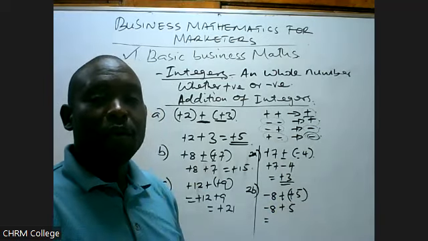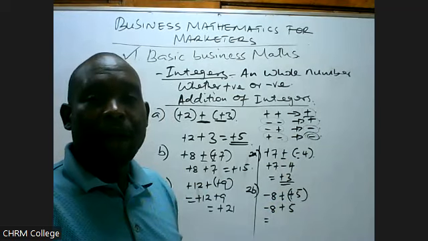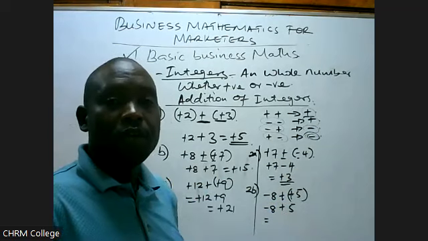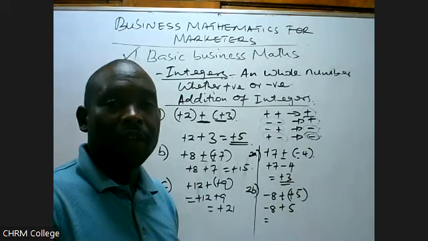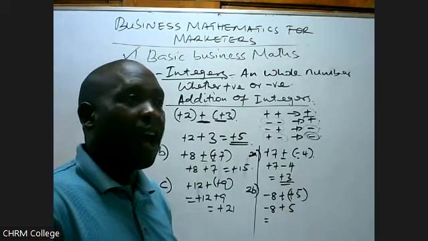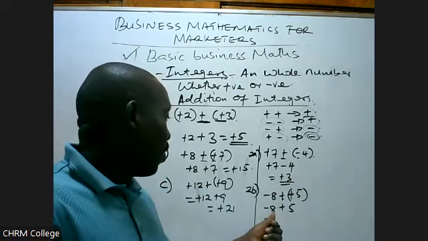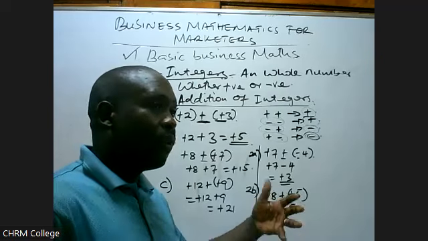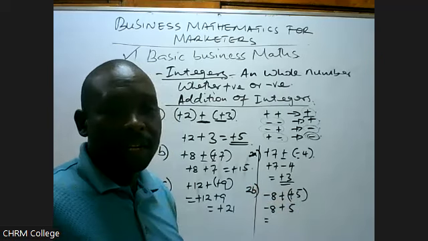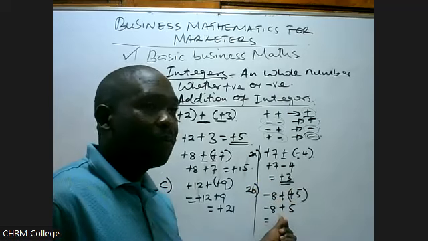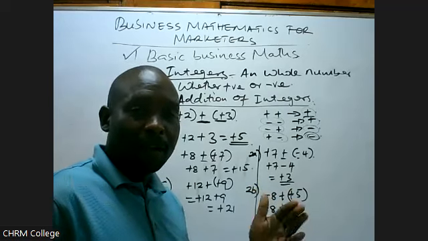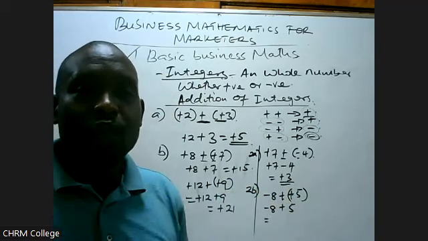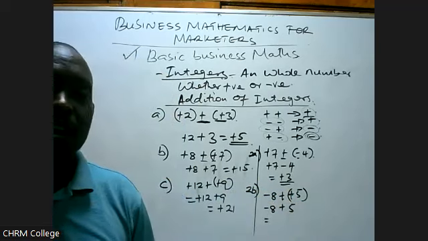If, for example, you have already a debt of 8, but somebody sends you a credit of 5 shillings. How much will be your balance now? You realize that this negative 8, once you have received positive 5 onto it, reduces this negative. If I can go by example, you had airtime debt of 8 bob, meaning that you are at negative 8 because you don't have any money.